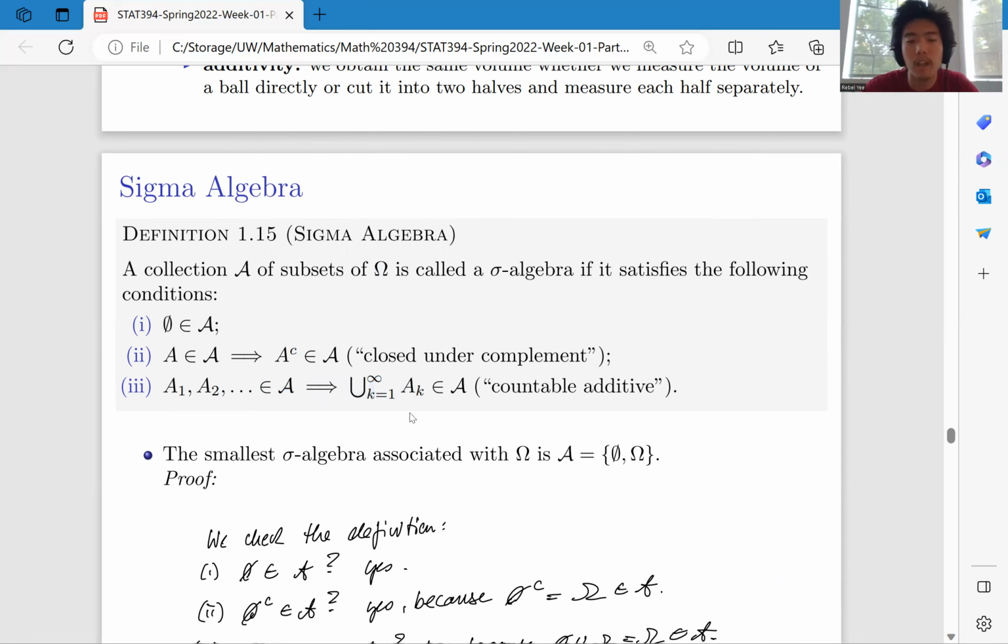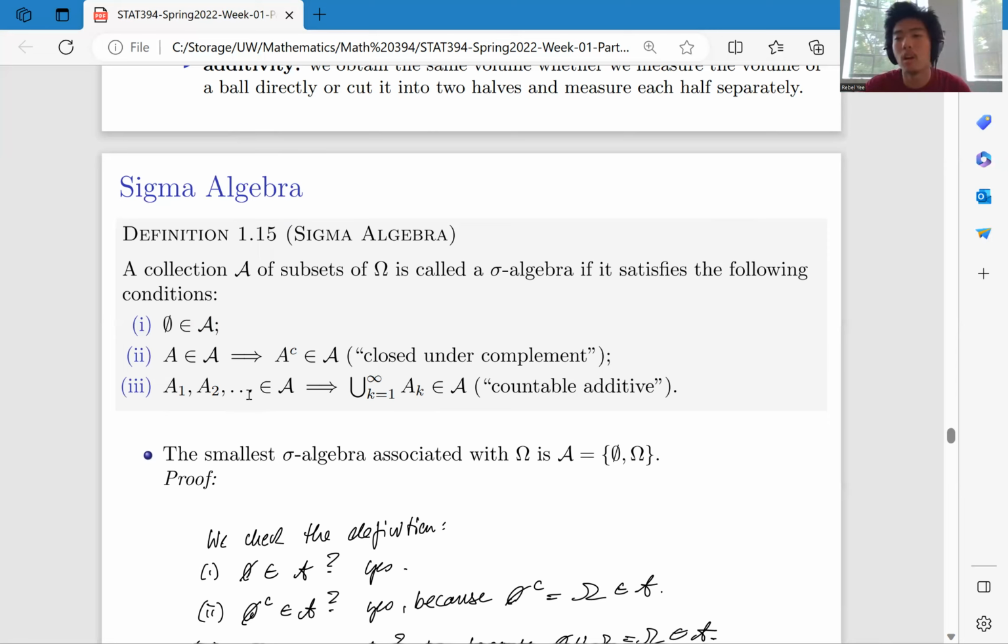This does not mean it is only a union of A1 to A billion. It means A1 union A2 is also in that set, and A1 union A2 union A3 is also in that set.